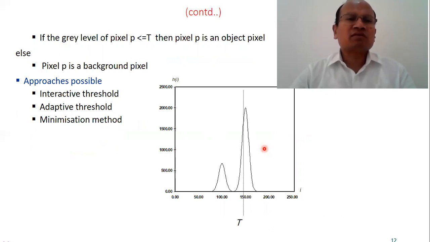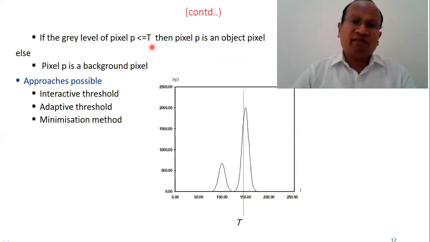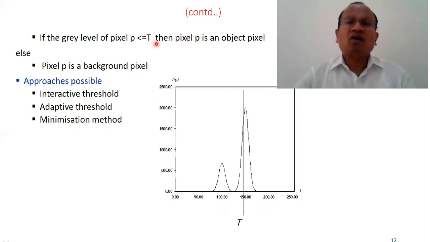As I was telling you, there are two methods like thresholding and clustering. So threshold is also an important measure, which is nothing but a suitable value of grayscale, a suitable value of intensity that can be chosen as a reference value, threshold value, and then we can apply some rule, say when the gray level values are less than or equal to T, where T is a value, then this is an object pixel.